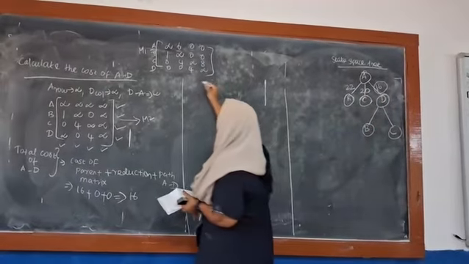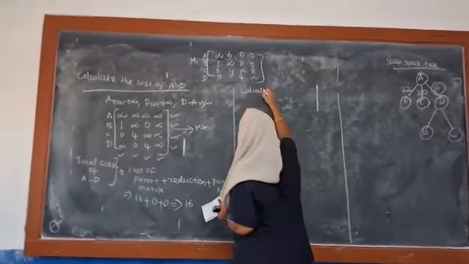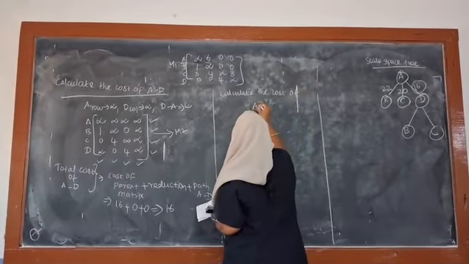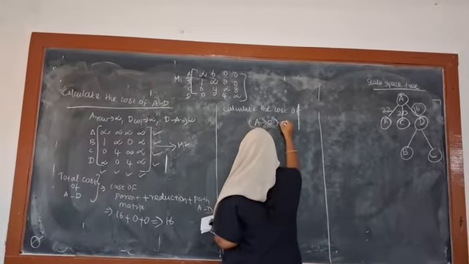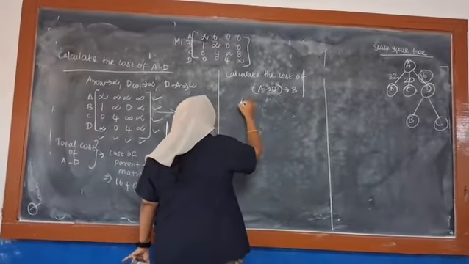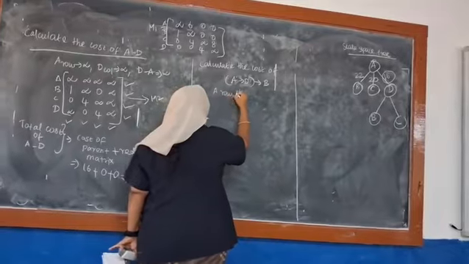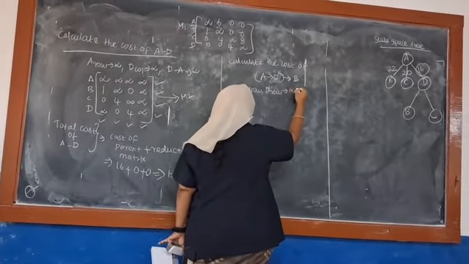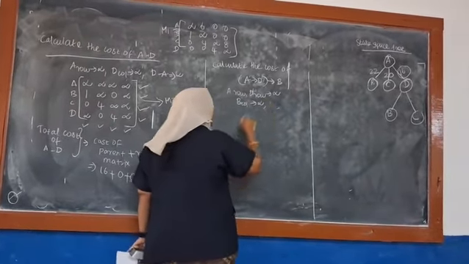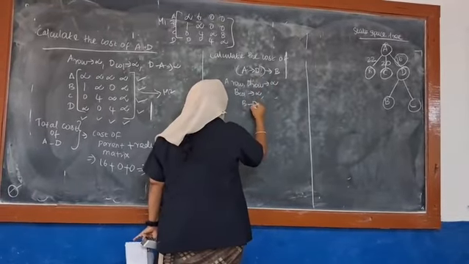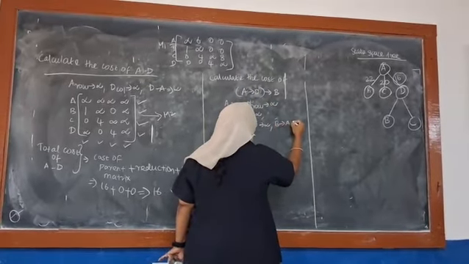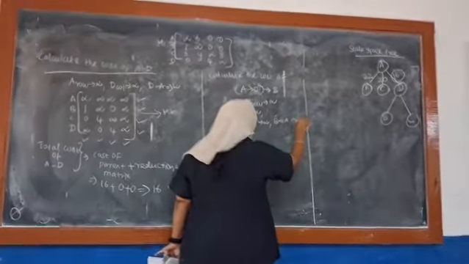So now calculate the cost of D to B. Please listen. Here the A row and D row have to be filled with infinity, and the B column has to be filled with infinity, and B to A has to be filled with infinity.